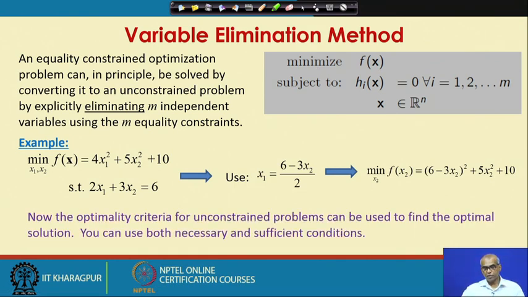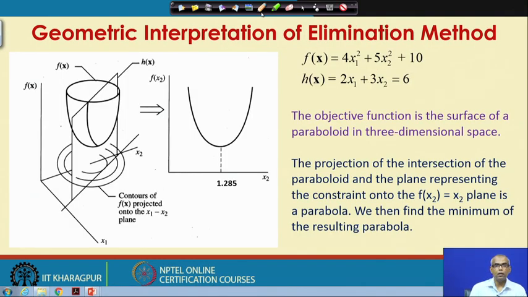So, now the optimality criteria for unconstrained problems can be used to find the optimal solution. You can use both necessary and sufficient conditions. If you look at the plot of the objective function, it is the surface of a paraboloid in 3-dimensional space, and 2x1 plus 3x2 equal to 6 is a plane.